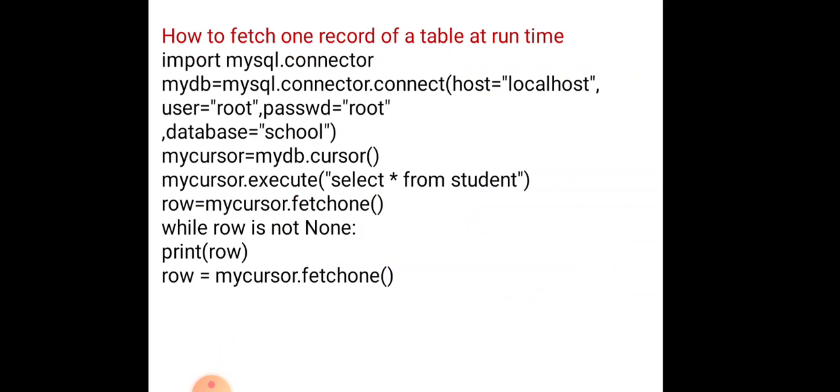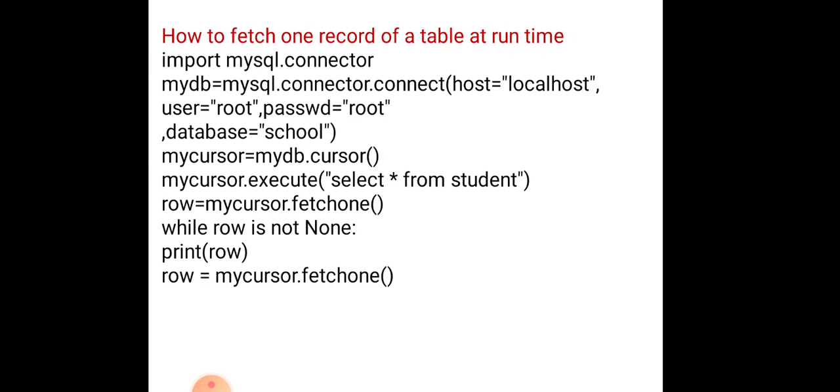Now a program to fetch one record of a table at runtime. So first of all we import mysql.connector, then we establish a connection, and then we create a cursor object by myCursor equals mydb.cursor. Then we execute a query, myCursor.execute, and we pass the query in the execute function.